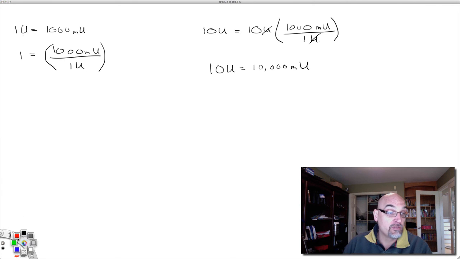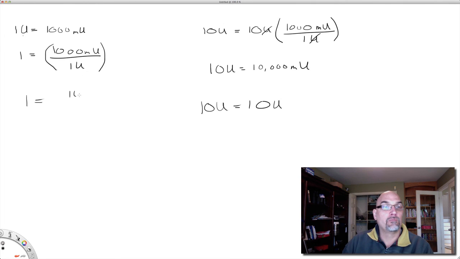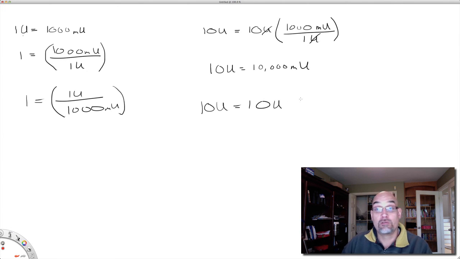For instance, sometimes I forget and I'm not sure the right way to convert. So for instance, if I was going from 10 units and I'm not sure which of these two conversion factors do I use? Well, I'm going to do this in red because it's wrong. If I chose to use this one, 1 unit over 1,000 milliunits, well, when I multiply this out, my U's are not canceling.